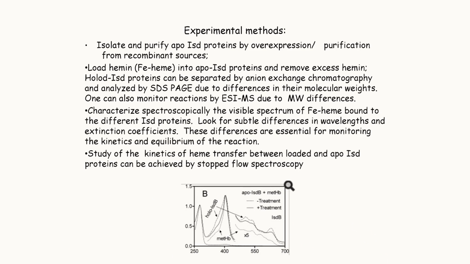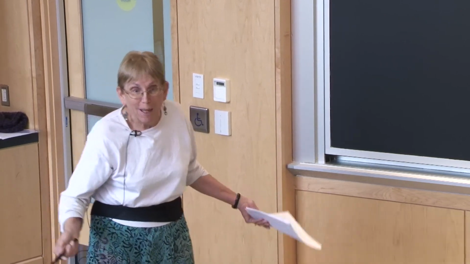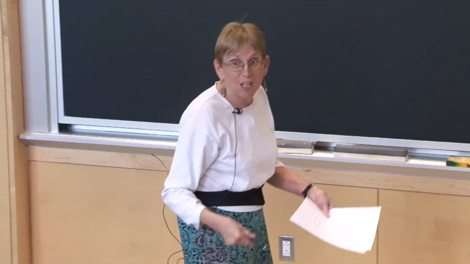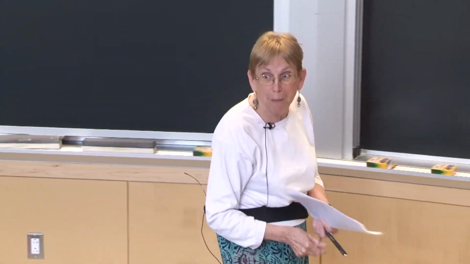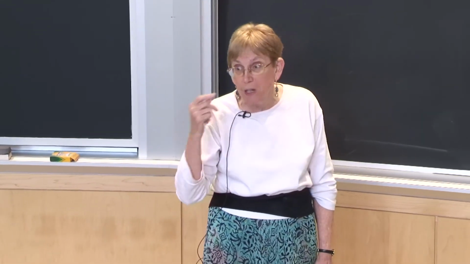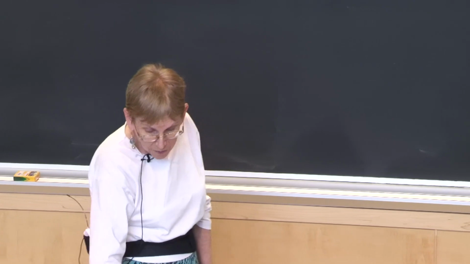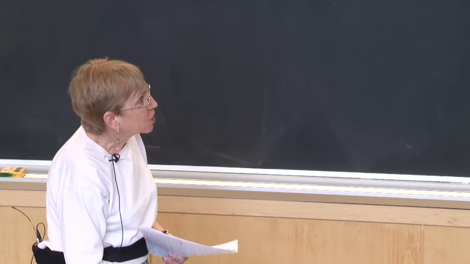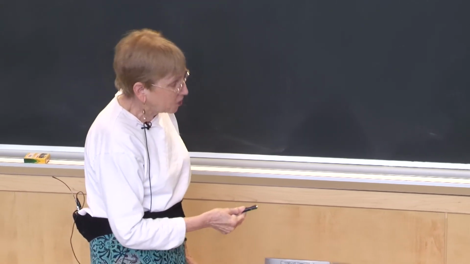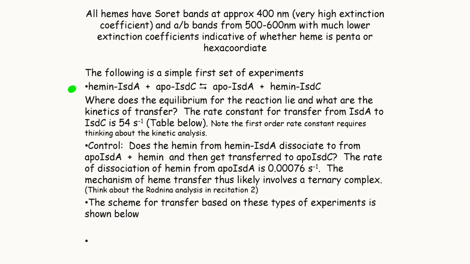I'm not going to talk about the spectroscopy; it has been extremely well studied and is extremely rich. You need to have your proteins characterized and loaded with heme, and quantitate the amount of heme bound, so you don't have any free heme around, which could interfere with your experiments. Then you can start asking your questions.